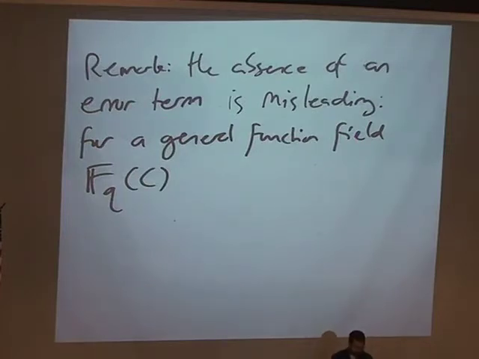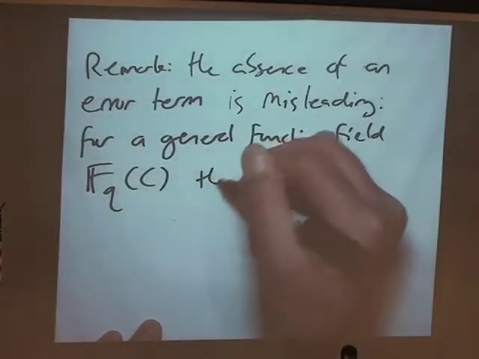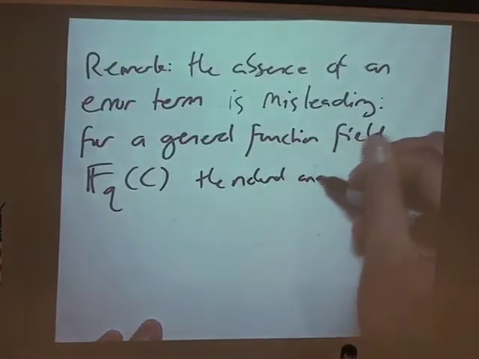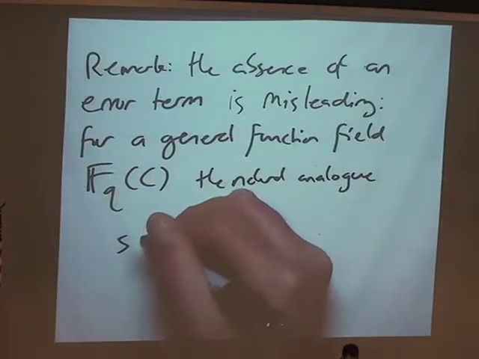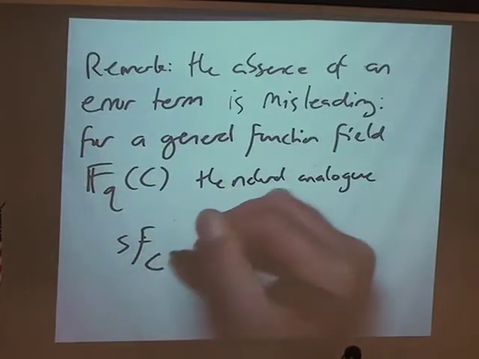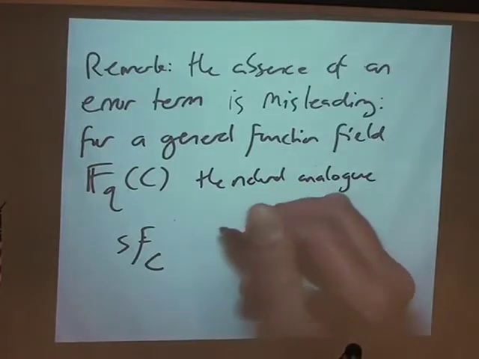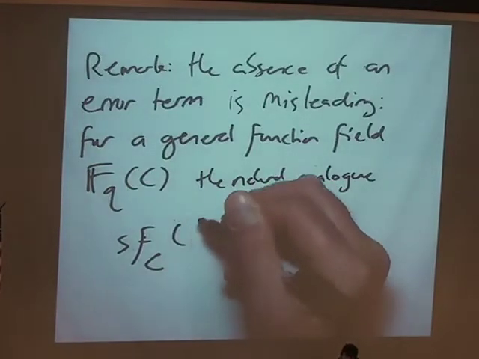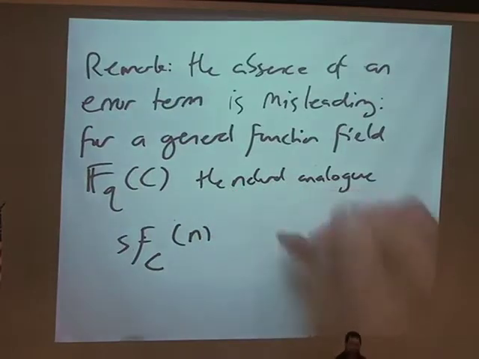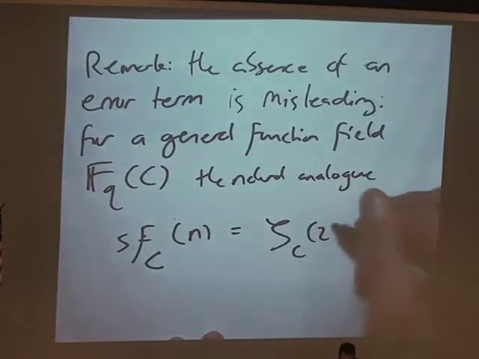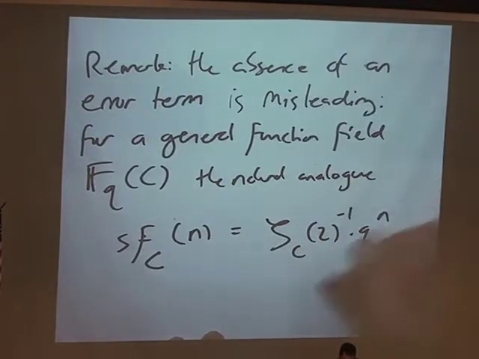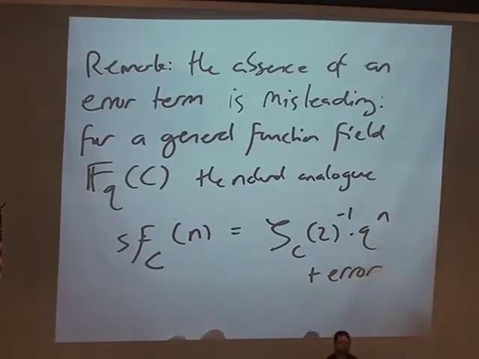I will just assert the natural analog, which one might call square free sub C of n, is still the zeta function of C evaluated at 2 minus 1 times q to the n, but just as in the case of number fields, there is an error term with some power saving size.